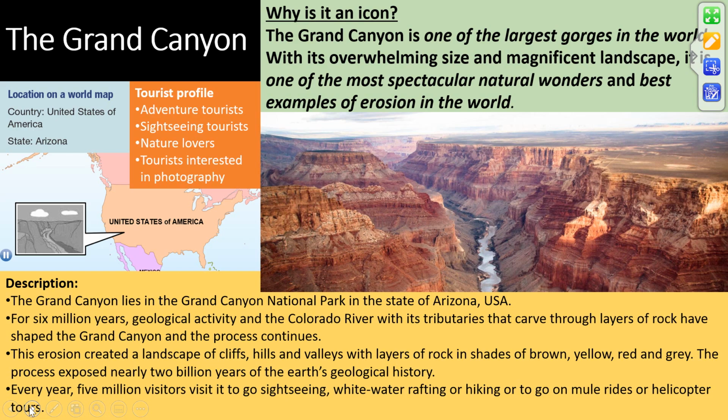This erosion created a landscape of cliffs, hills, and valleys with layers of rock in shades of brown, yellow, red, and grey. And if you take a look at the image on your screen, you will see exactly that. And in this process of erosion, nearly 2 billion years of the Earth's geological history was exposed.